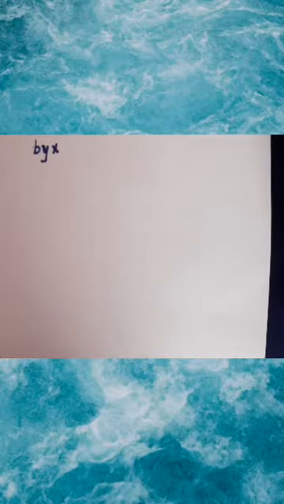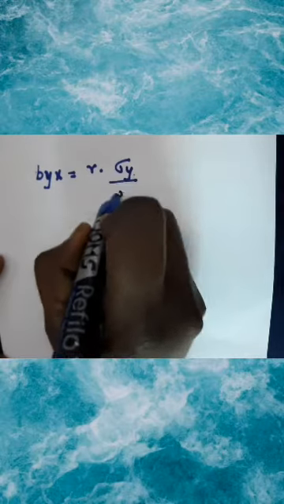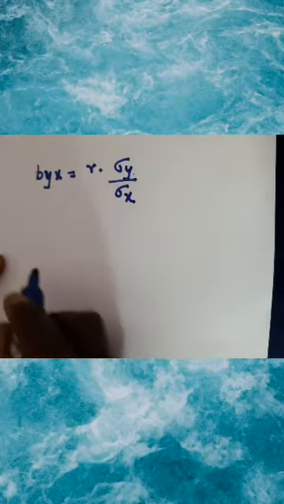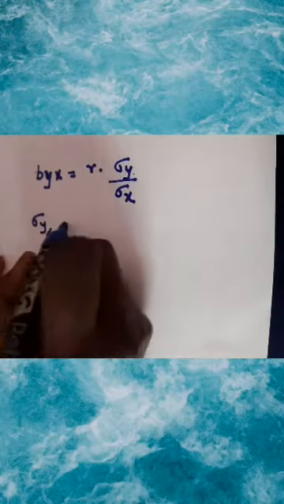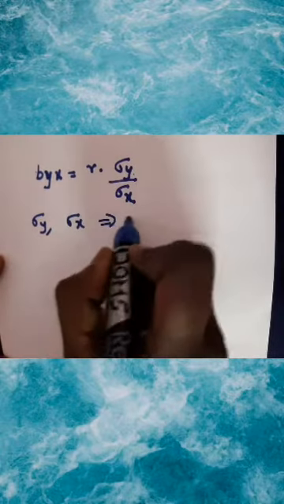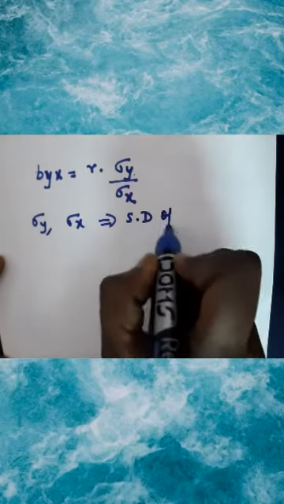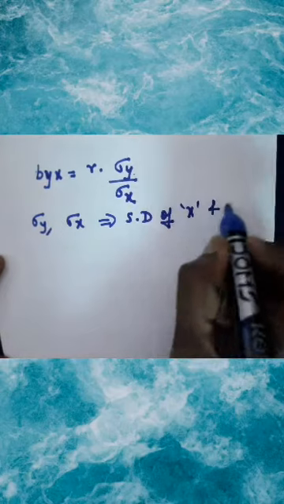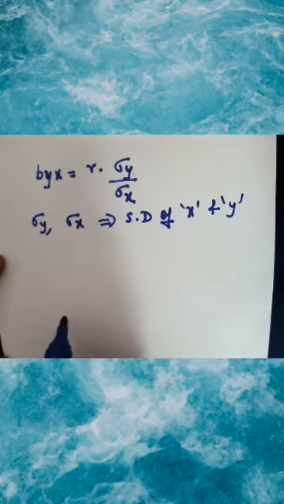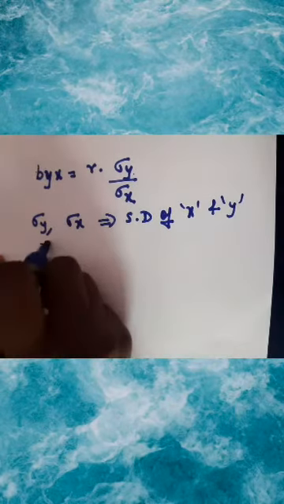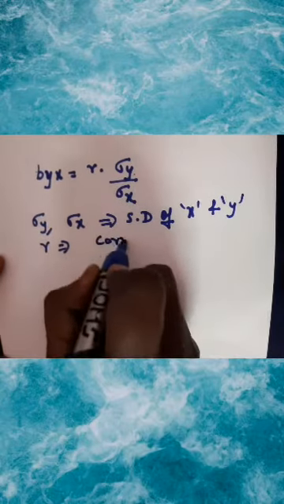There is also another formula for byx. byx is equal to r times sigma y divided by sigma x, where sigma y and sigma x are the standard deviations of the y and x variables. r we know is the correlation coefficient.